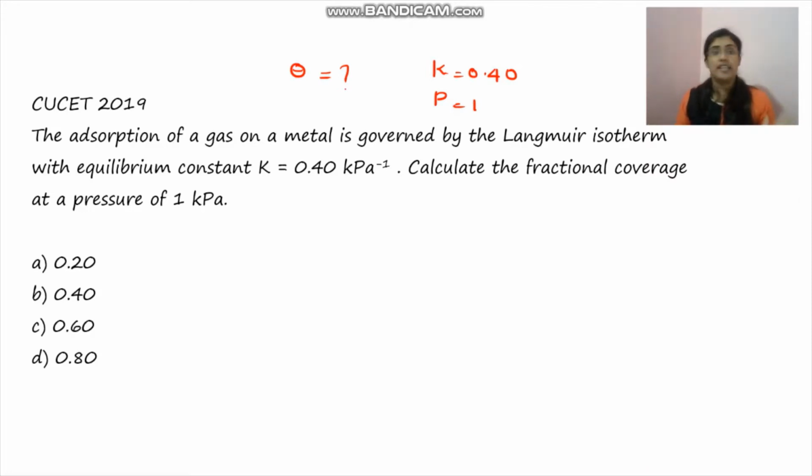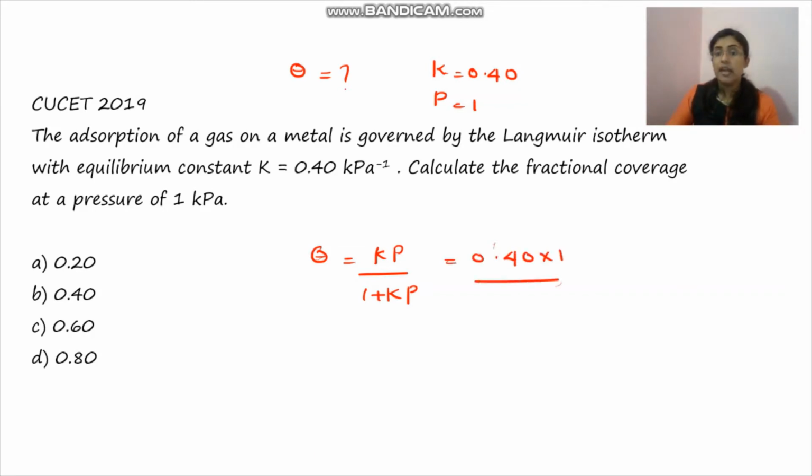Now, what equation can I use? From the Langmuir adsorption isotherm, I know that theta is given by Kp divided by 1 plus Kp. This is the Langmuir adsorption isotherm equation that I have. I simply have to substitute the values of K and P in the equation to get the value of theta. That is 0.40 into 1 divided by 1 plus 0.40 into 1.